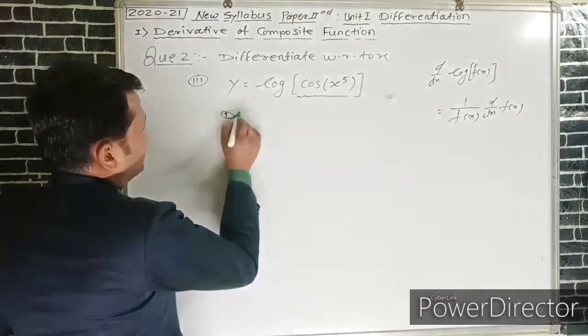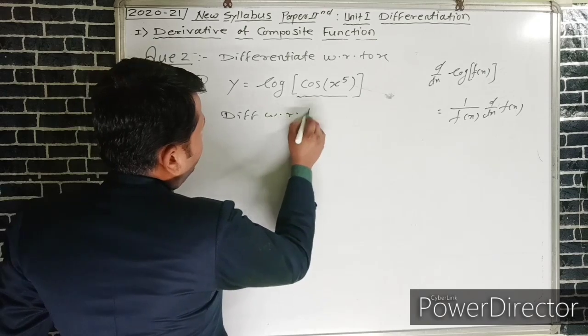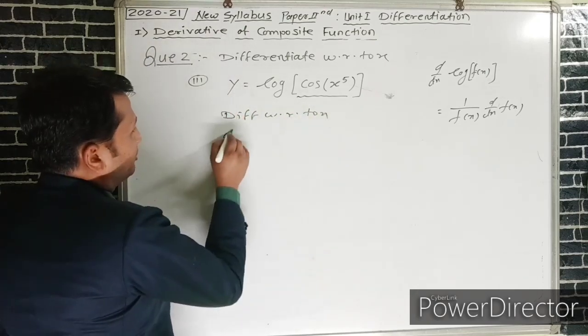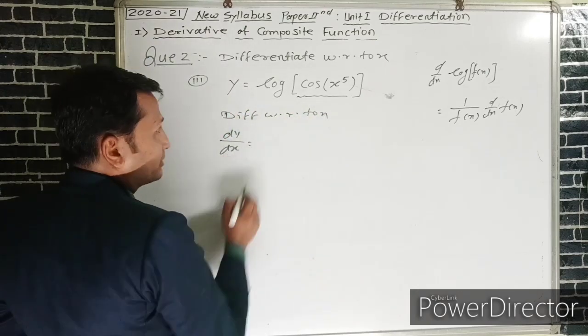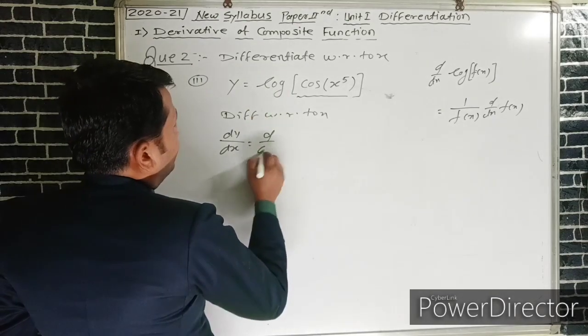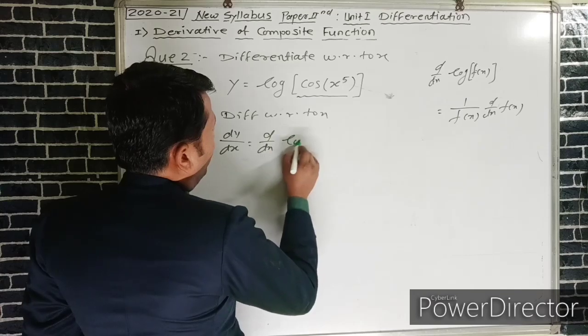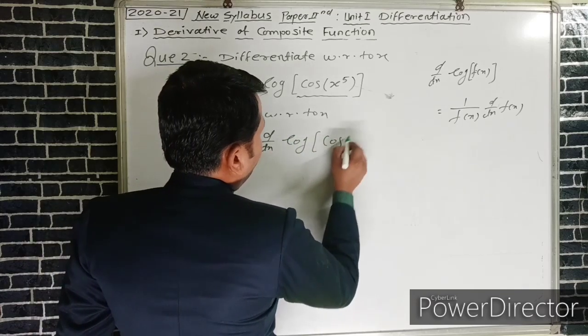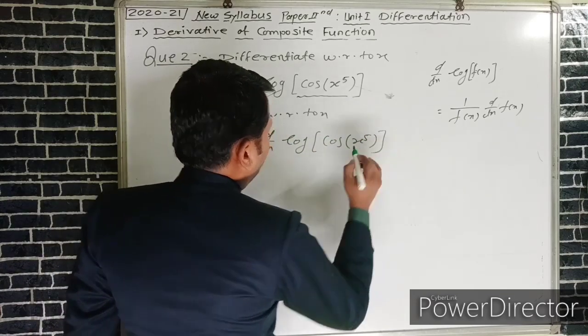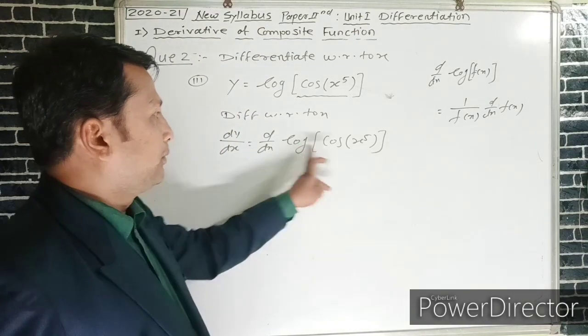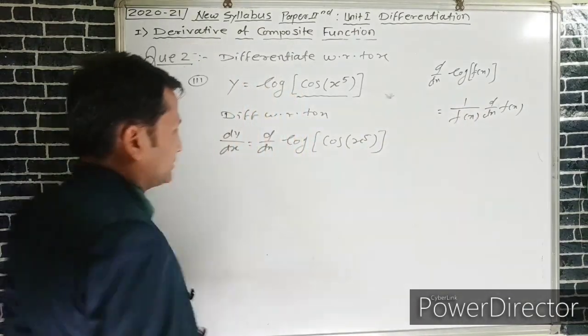After differentiating with respect to x, we can write dy by dx is equal to d upon dx of log of cos of x raised to the power 5. The derivative of log of f(x) is 1 upon f(x).